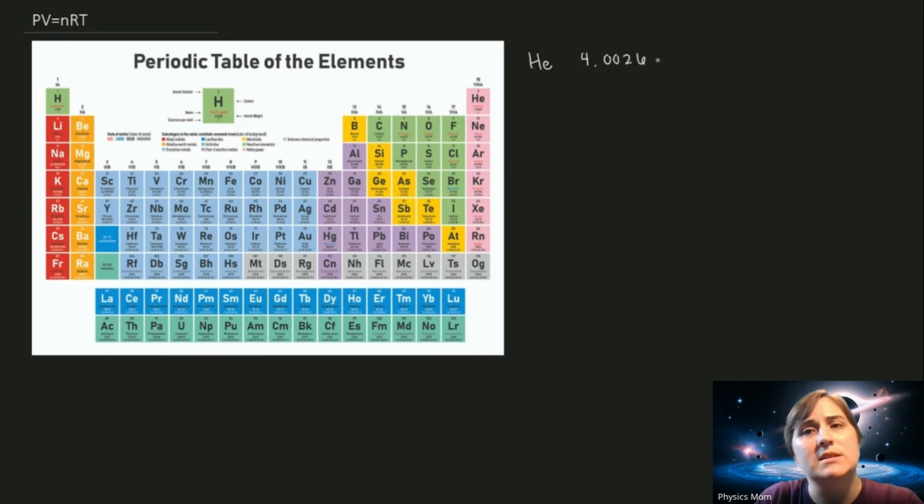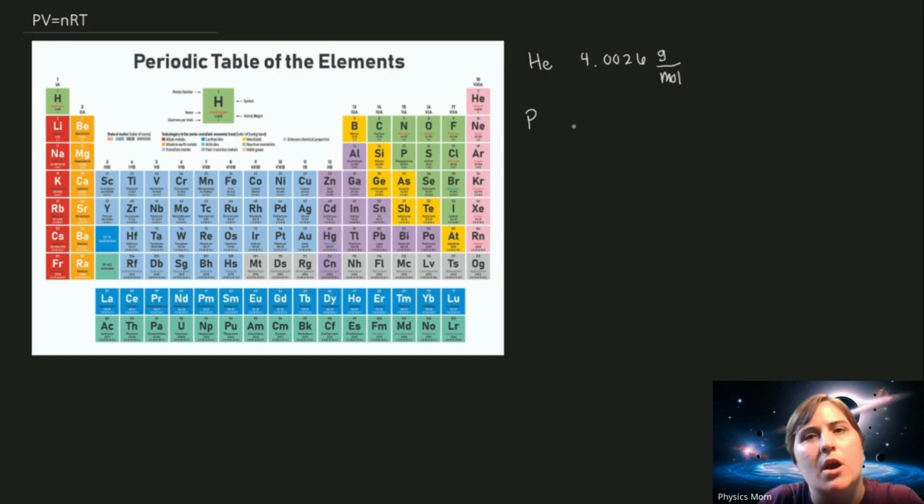What this means is how much its mass is per mole, and we can think of a mole as each individual unit. We're going to use this in the PV equals nRT equation to understand how it relates.